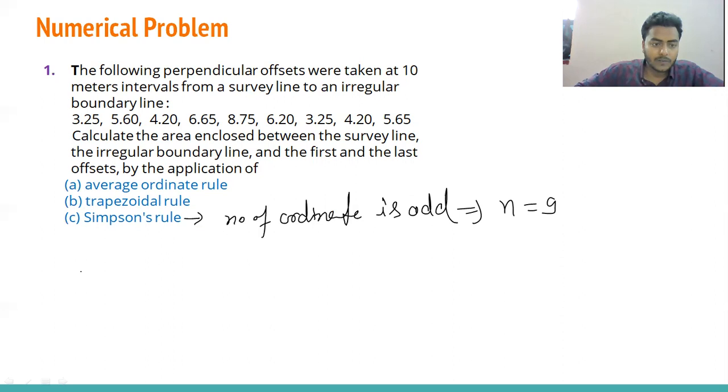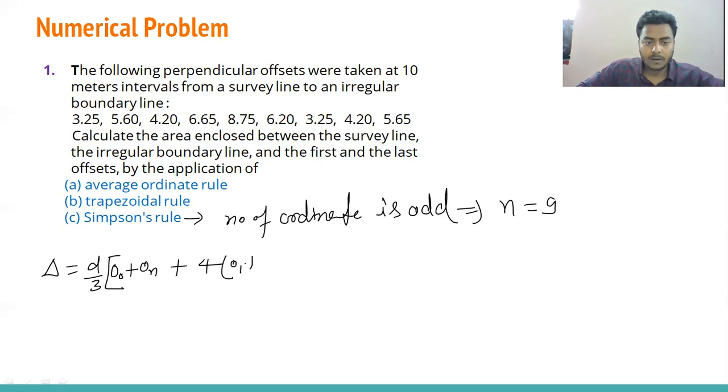Just write the formula first: Simpson rule is d by 3 into O naught plus On, plus 4 into O1, O3, O5, plus 2 into O2, O4, O6.